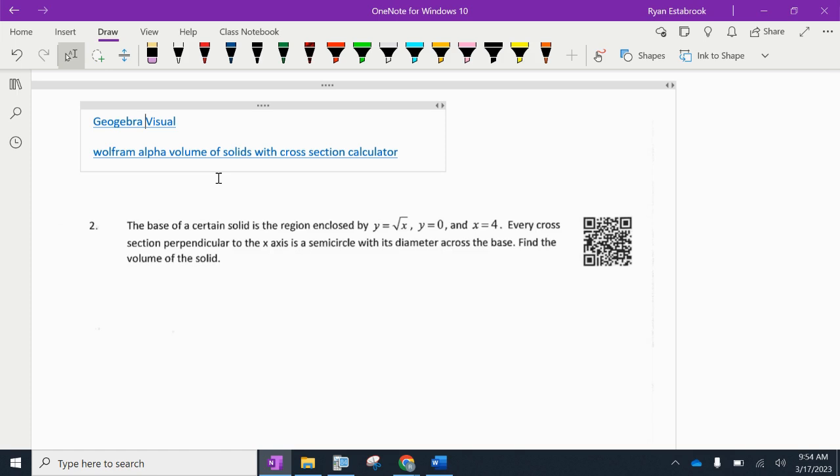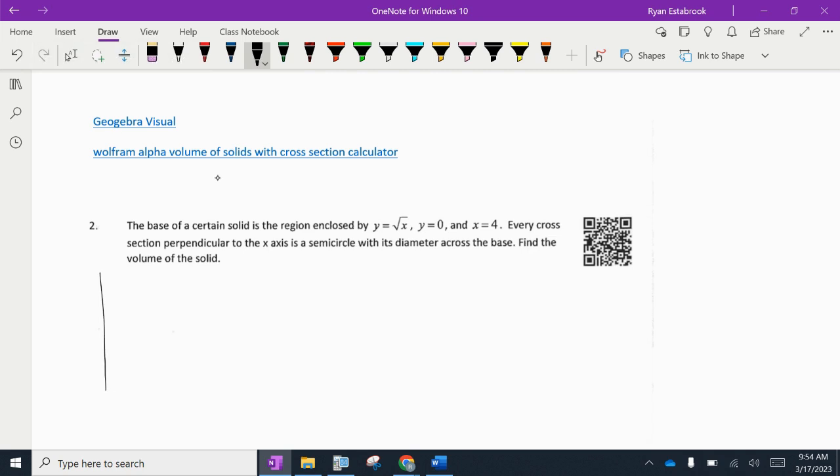We're going to try to draw this as best we can. So we're trying to make a three-dimensional shape on two-dimensional paper. So I have my x-axis, my y-axis. y equals the square root of x looks something kind of like that. y equals square root of x.